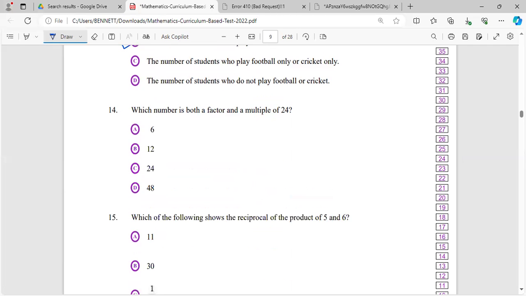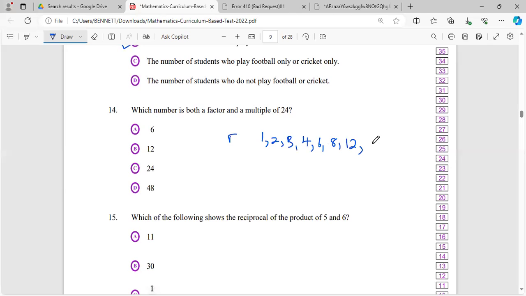Which number is both a factor and a multiple of 24? These are the factors of 24: 1, 2, 3, 4, 6, 8 and 12, and 24 itself.